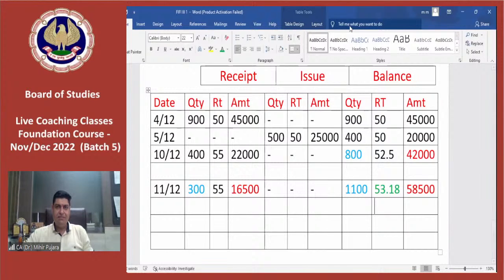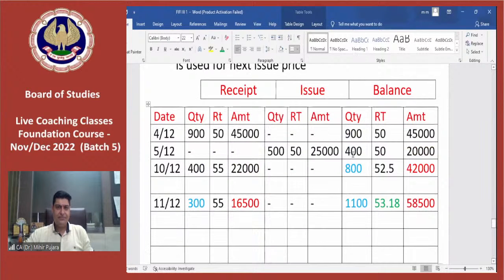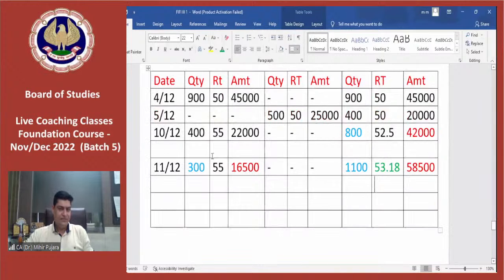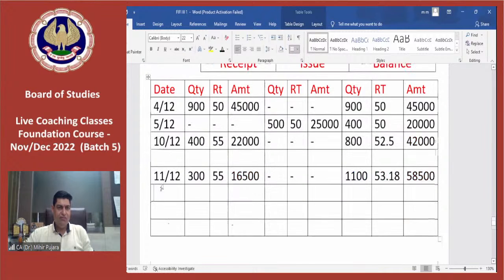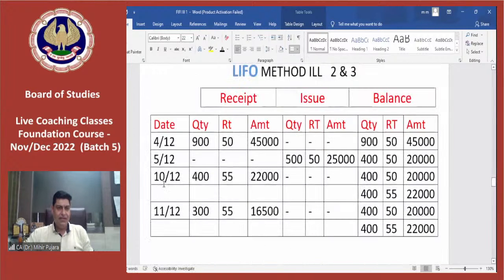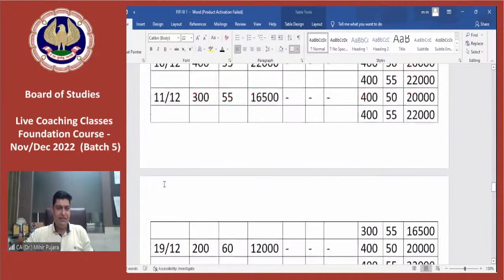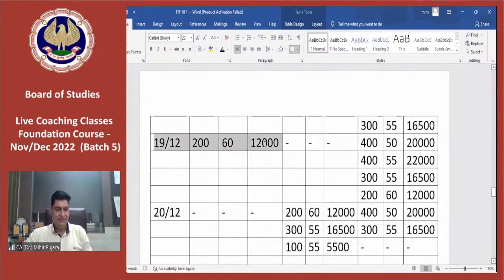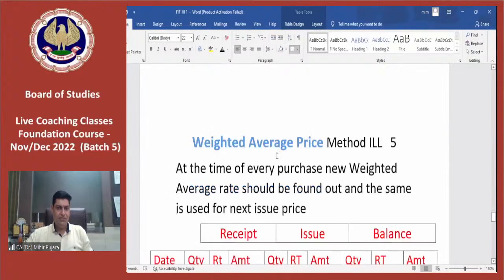Then guys, simple. So I am making everything in the same color now for a better understanding. What is after 11? After 11, one more purchase, 19.